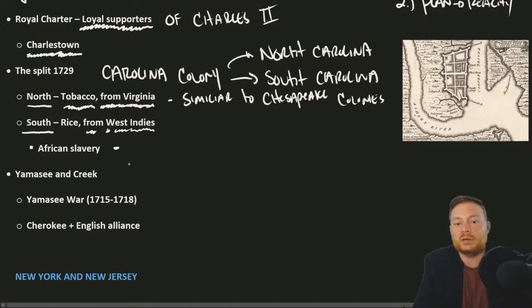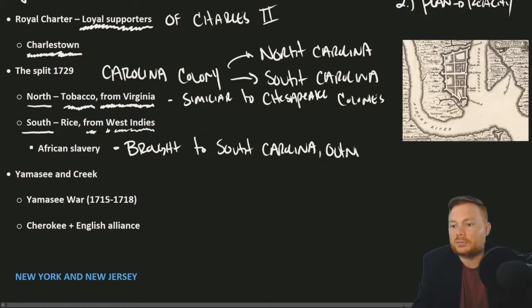So we might say about South Carolina, African slavery brought to South Carolina. We'll also say outnumbered. And this was the only English colony in North America that had more African slaves than free white inhabitants.